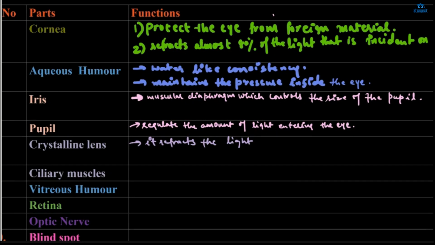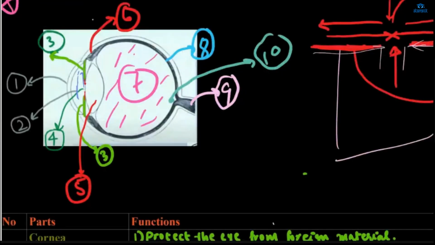It refracts the light, and it focuses the image on the, where does the image get focused? On the retina. I will tell about the retina later. It focuses the images on the retina.